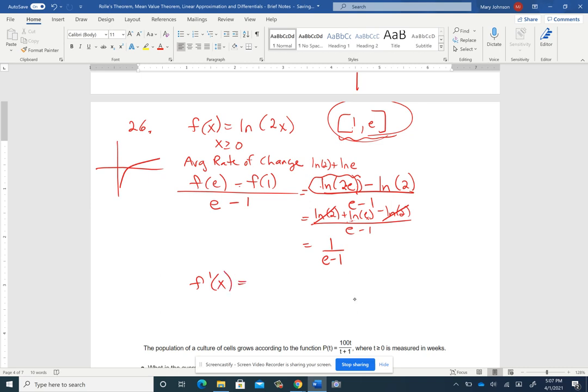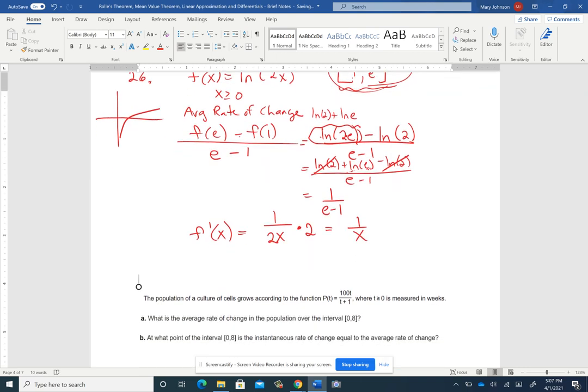With natural log, remember you do 1 over 2x, but then you have to take the derivative of the inside, which is 2. So it turns out to just be 1 over x. And so what the mean value theorem says is we ought to be able to find a value for x so that 1 over x equals what we got for the average rate of change.